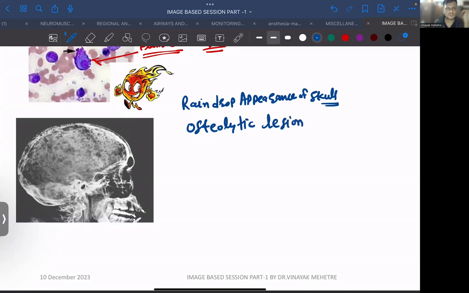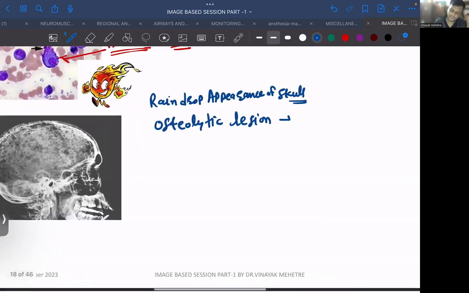Okay, osteolytic lesions happen. So the patient will present with which main clinical features that you can diagnose this is multiple myeloma? Remember this in the exam: patient with recurrent fracture.